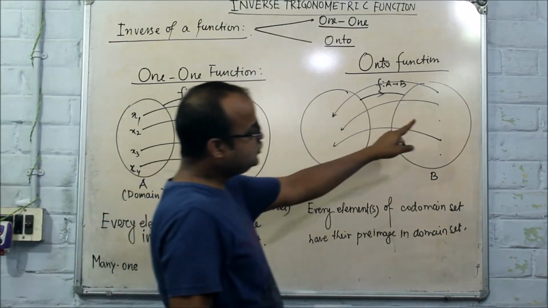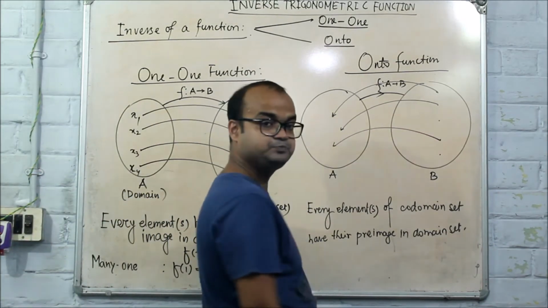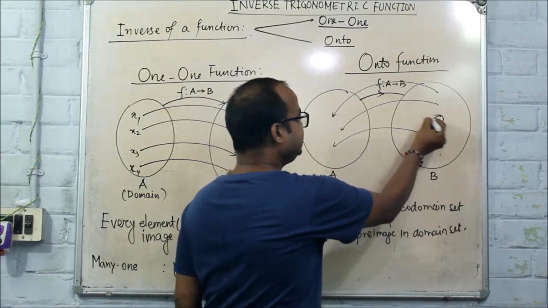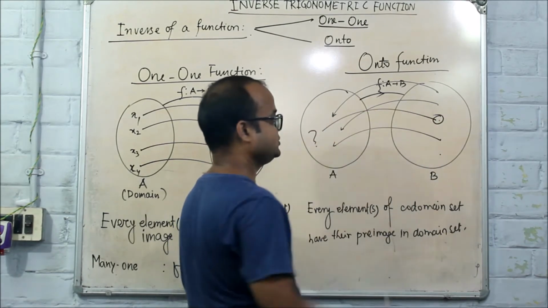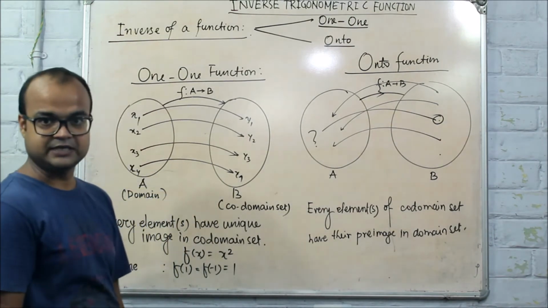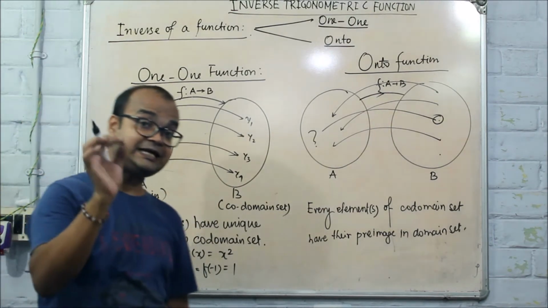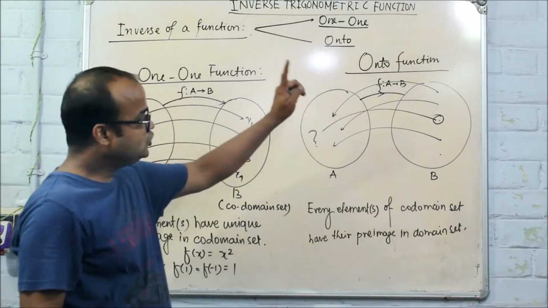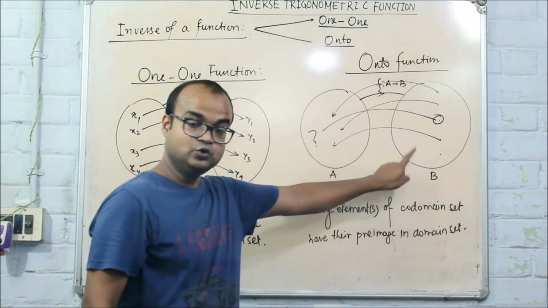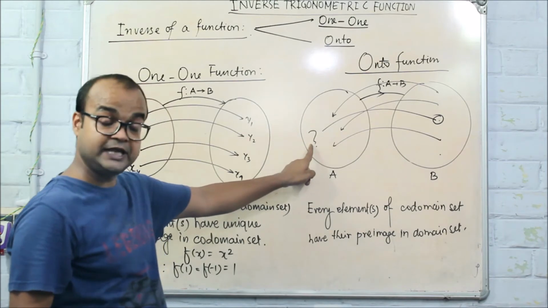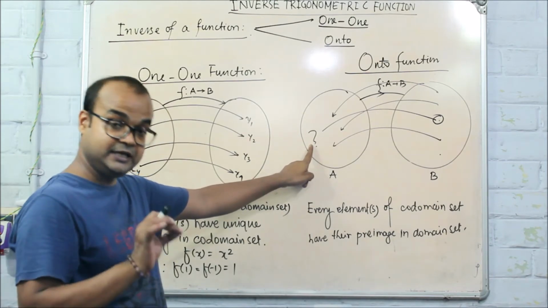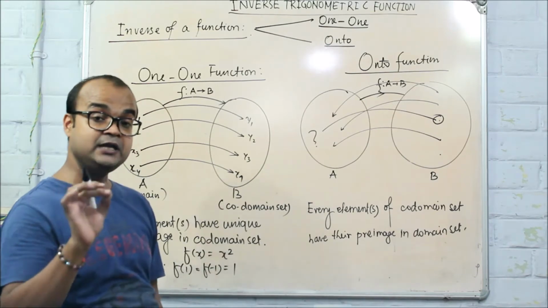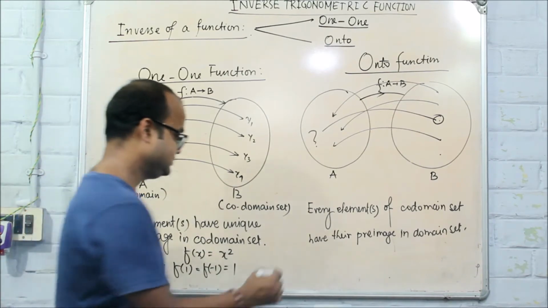And suppose you get a point, if you get at least one element in the codomain set whose pre-image does not exist in the domain set, then it is said to be an into function.